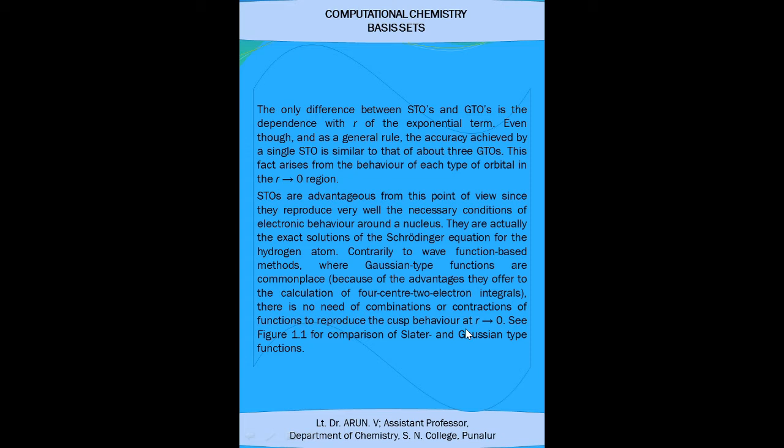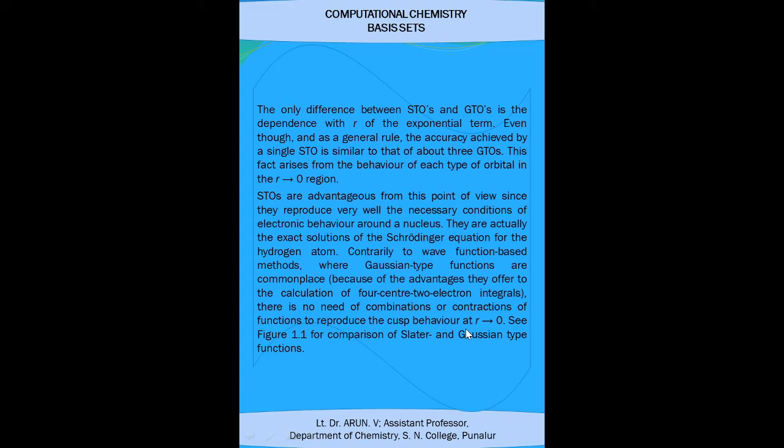You can see it from equations 1 and 2. The accuracy achieved by a single Slater type orbital is similar to that of about three Gaussian type orbitals. This arises from the behavior of each type of orbital in the r tends to 0 region.